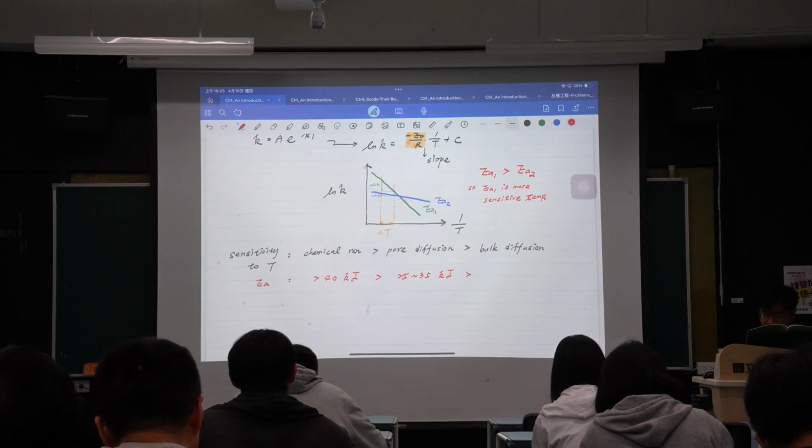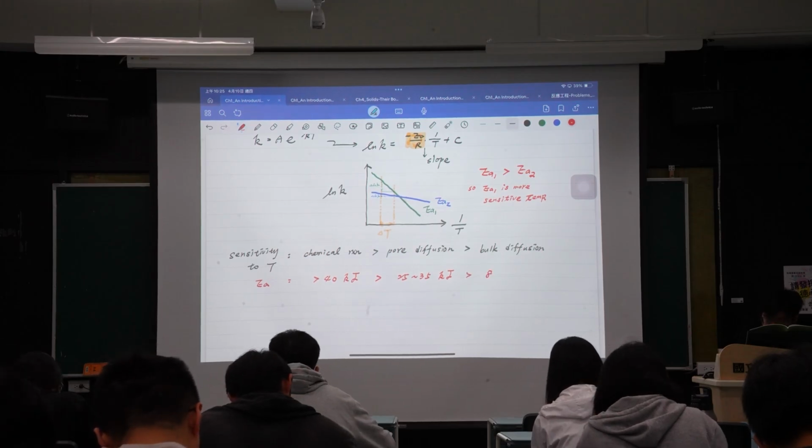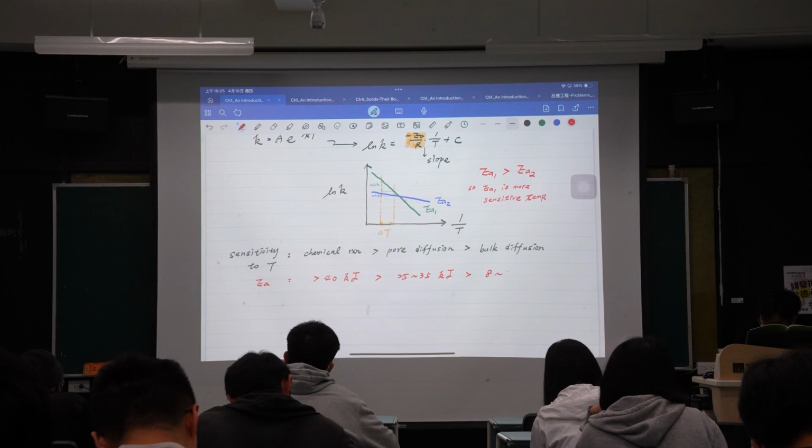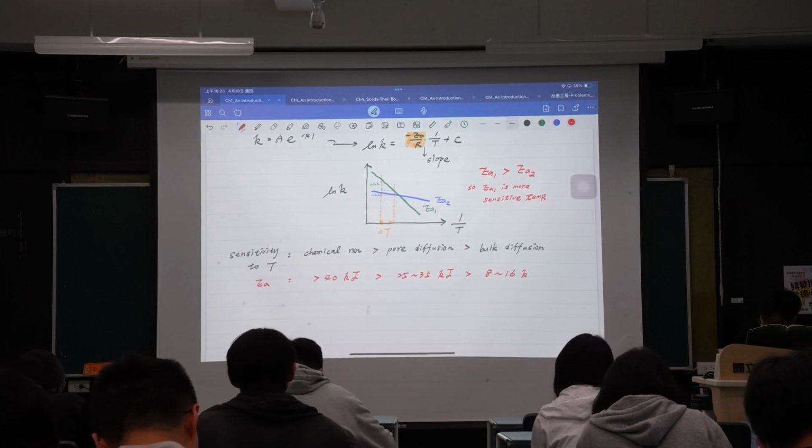And then for mass transfer it is the smallest, 10 to 16 kilojoules.